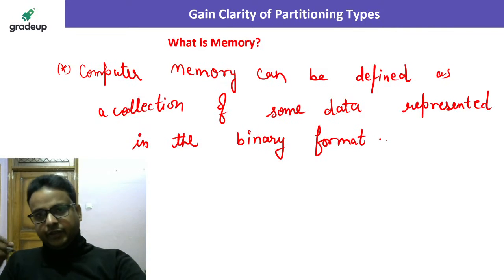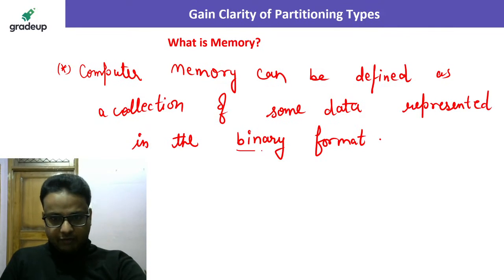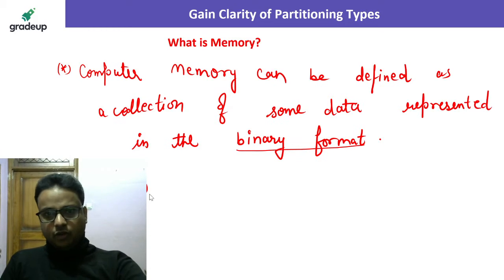So whatever we store in the memory, it is in the binary format, in the form of 1s and 0s, and it is a collection of data.